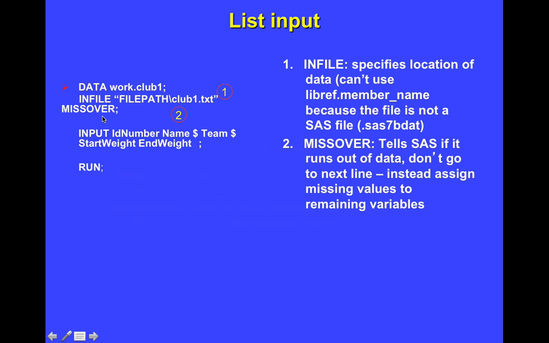Well, it may be that the next number it comes upon is the age of the participant, because that would be the next variable in the data set, for example. So then what's happening is SAS is reading in the age for the blood pressure, and it will continue to read in data variables in an inappropriate fashion for the rest of that particular observation. So missover statements tell SAS how to handle missing data, and I recommend always using one.